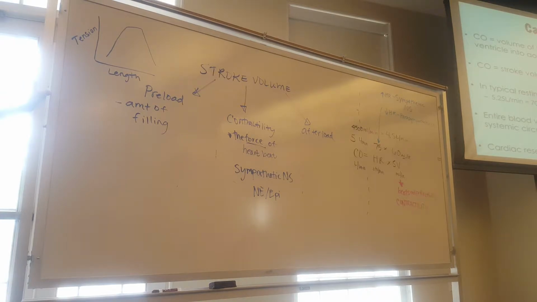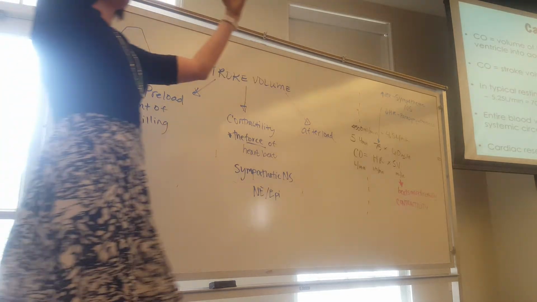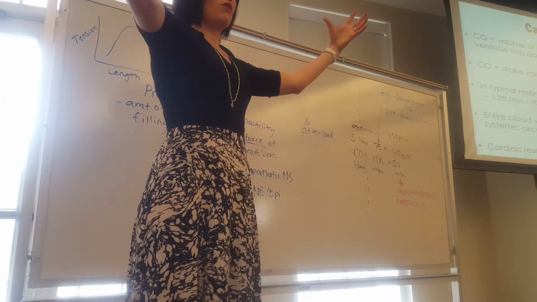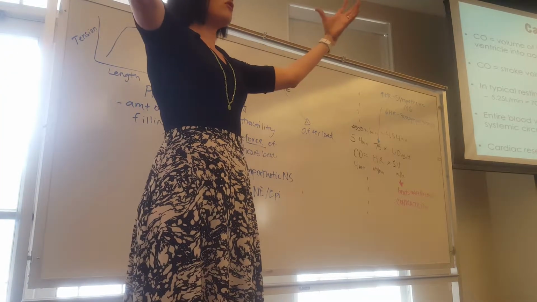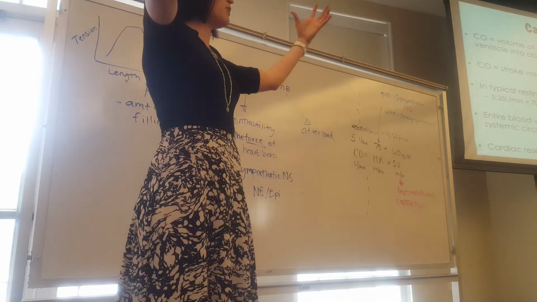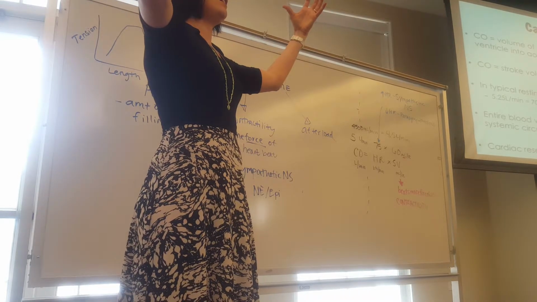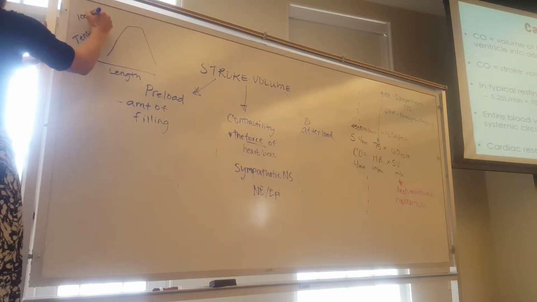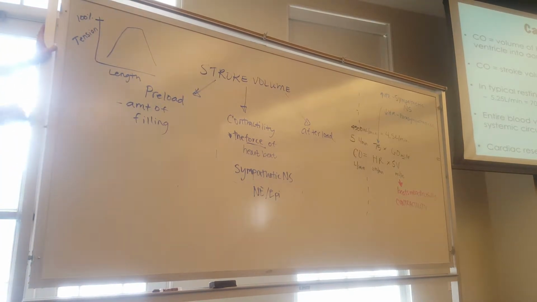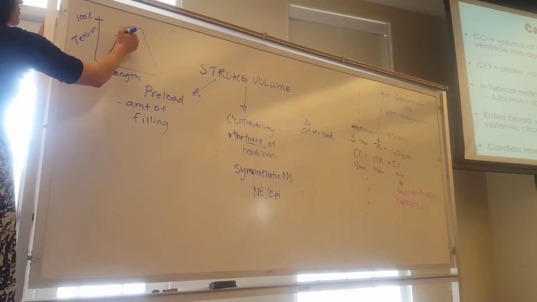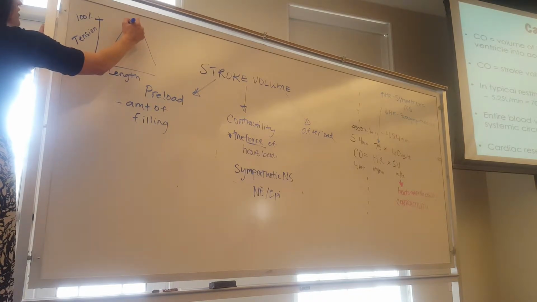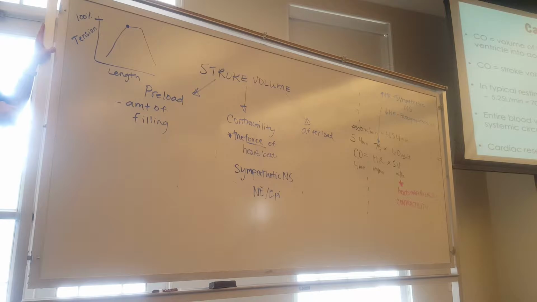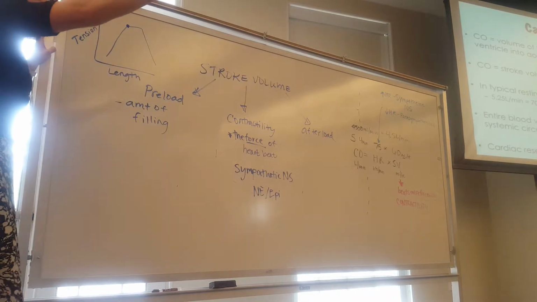Remember, cardiac muscle is sarcomeres, same as skeletal. So when you fill with more blood, you actually stretch the sarcomeres to a more optimal length. Remember, this is like 100% of tension. Think of the more you fill, the closer you are to this maximal tension, where you can pump out a bunch of extra blood.